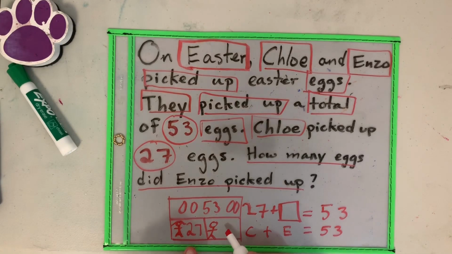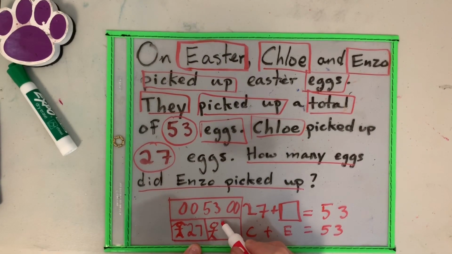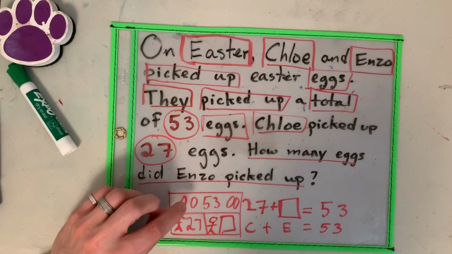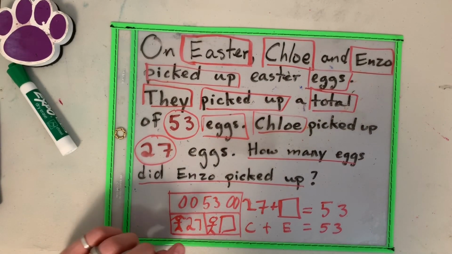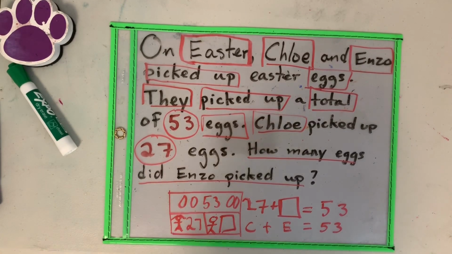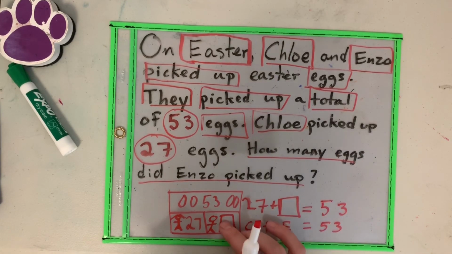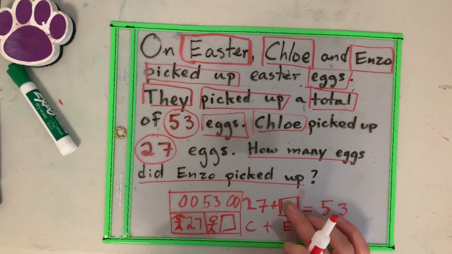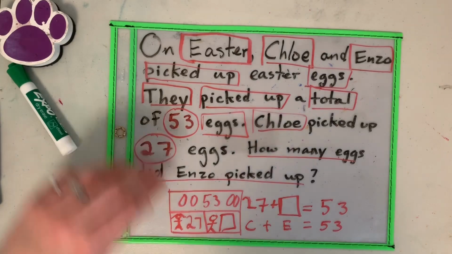Remember, we need to find a part. So remember the poem. If you need a whole, you just add. If you need a part, you just subtract. What do we need? We need a part. So to find this missing box, we need to subtract 53 minus 27. It will tell me how much Enzo had.